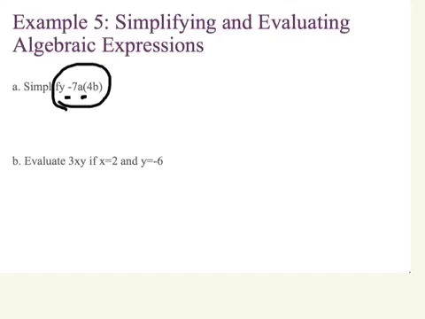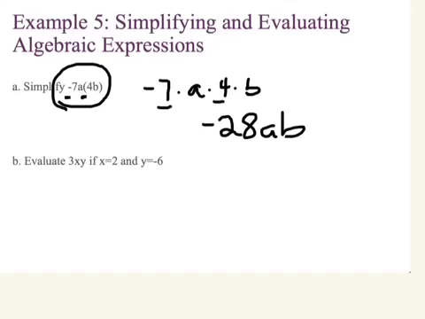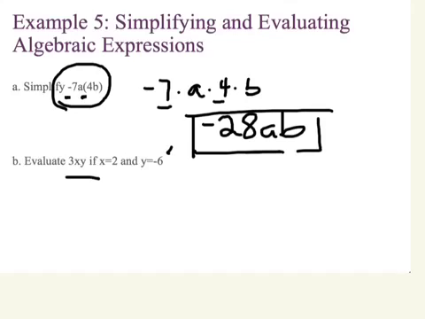I can multiply them because this, in essence, is -7 times A times 4 times B. Now, I can't multiply A and B with anything, but I can definitely multiply these numbers. So I end up simplifying this expression to -28AB.